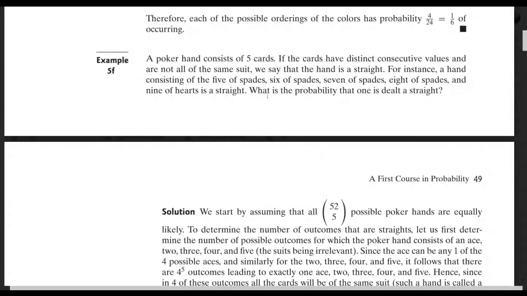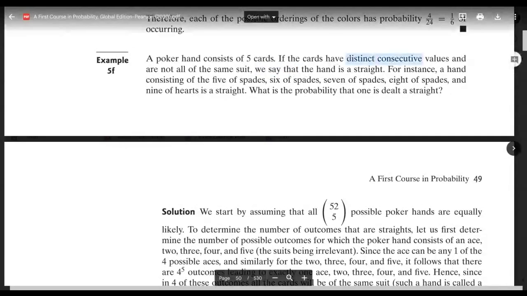A straight hand means distinct consecutive values like 1, 2, 3, 4, 5, or 2, 3, 4, 5, 6, or 3, 4, 5, 6, 7. Consecutive and different, right?